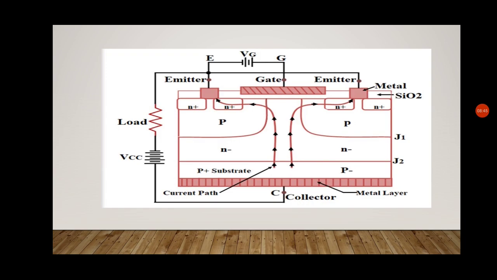The increase in the negative ions or the formation of channel will increase and current will start flowing between the collector and the emitter, that is from collector to emitter, because electrons are flowing from emitter to collector. So current flow will be from collector to emitter.